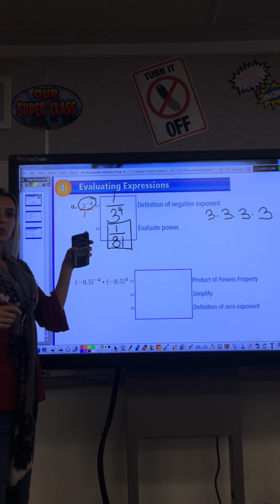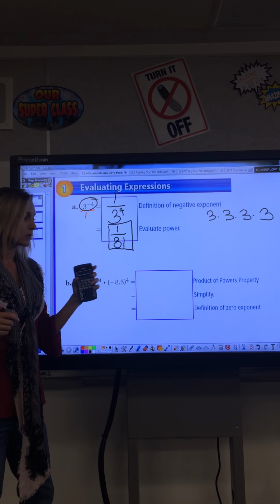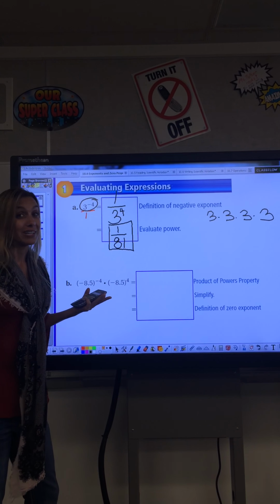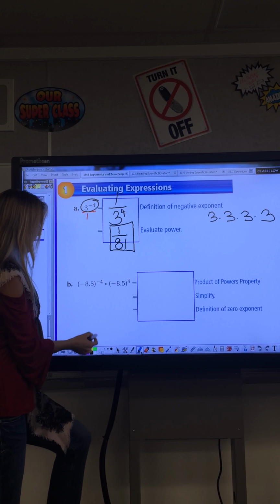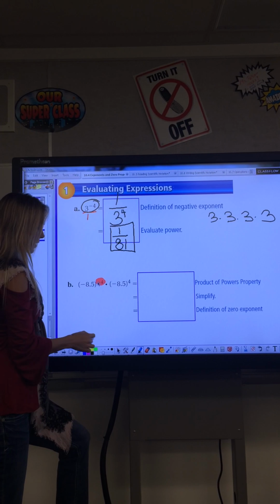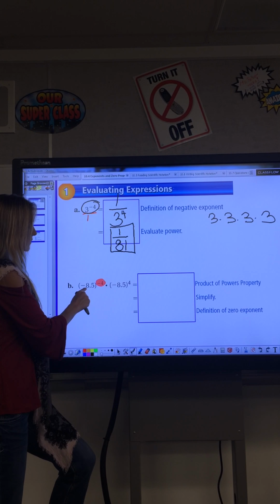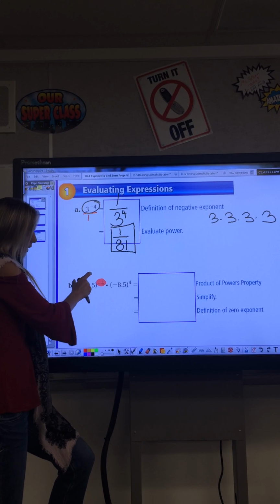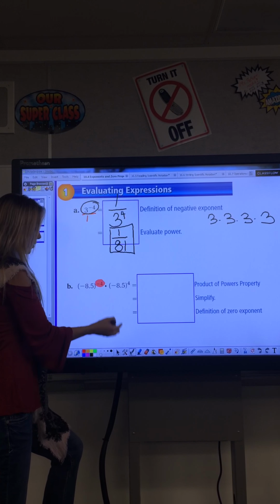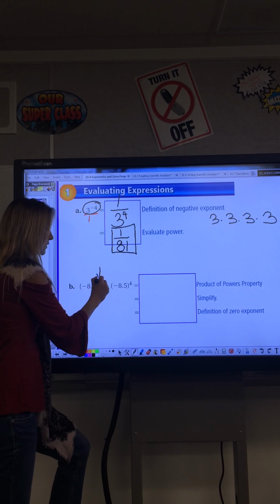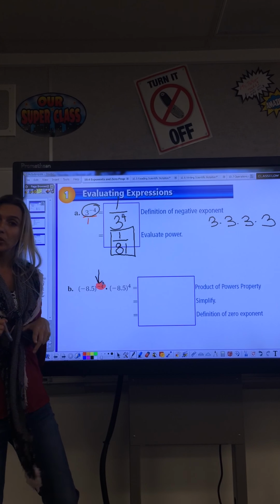This is the rule when it comes to negative exponents. Let's see if we have anything else here. Oh, I have a negative exponent there. I have negative 8.5, and the whole thing is raised to the negative 4th power. I know right away I cannot have a negative exponent, so where does that belong?